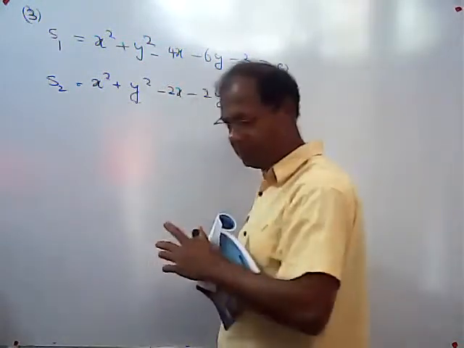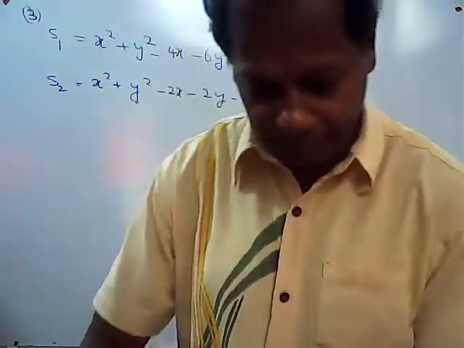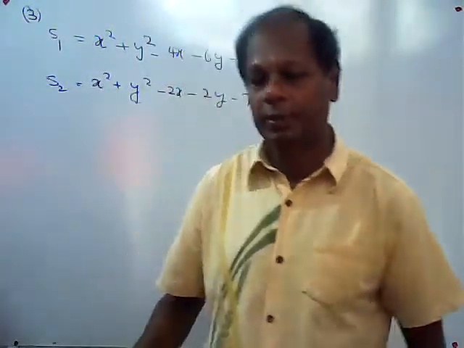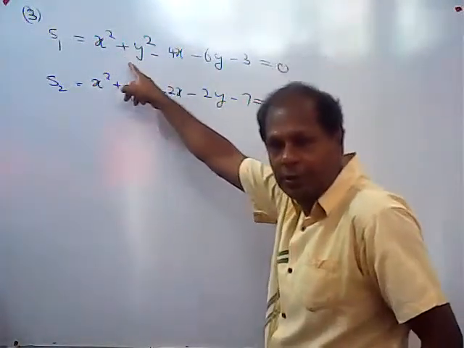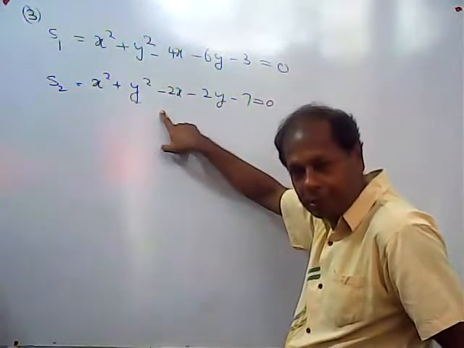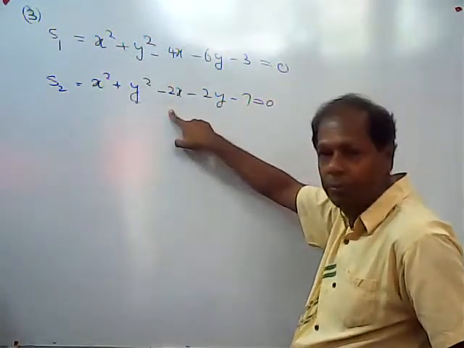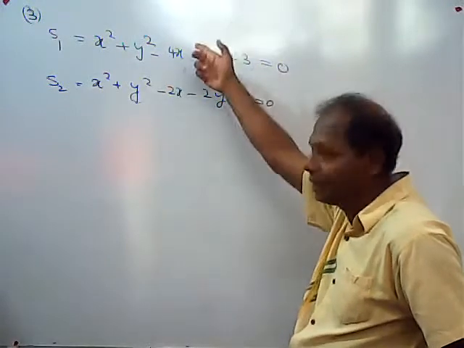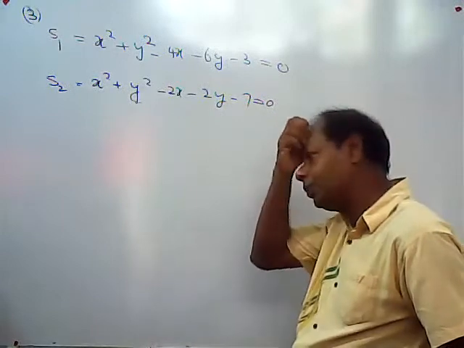These are the two circles given, and the task is first to show that the center of S1 falls inside circle S2, and vice versa, the center of S2 falls inside the circle S1. So we have to show that.